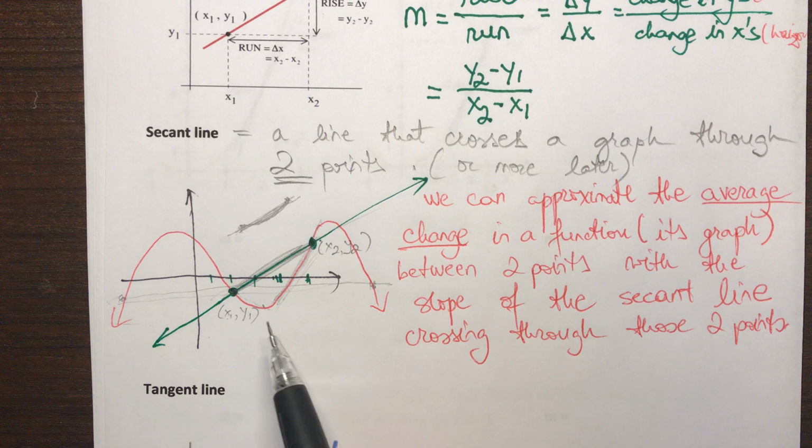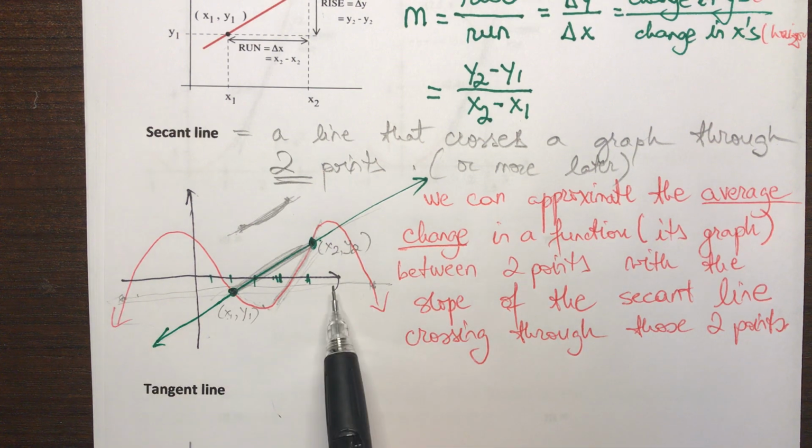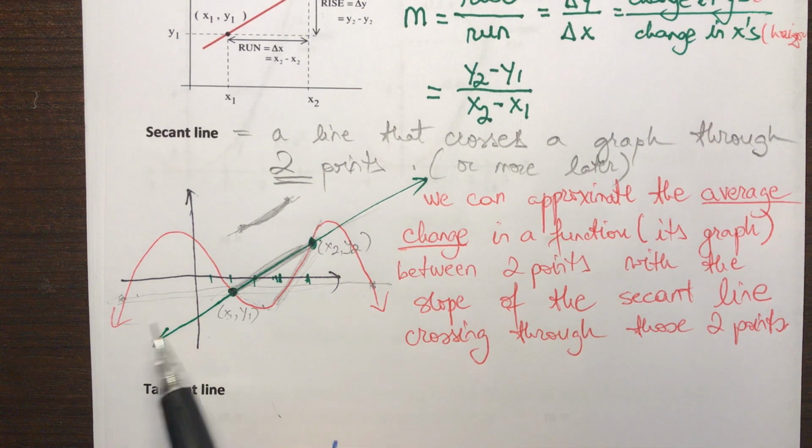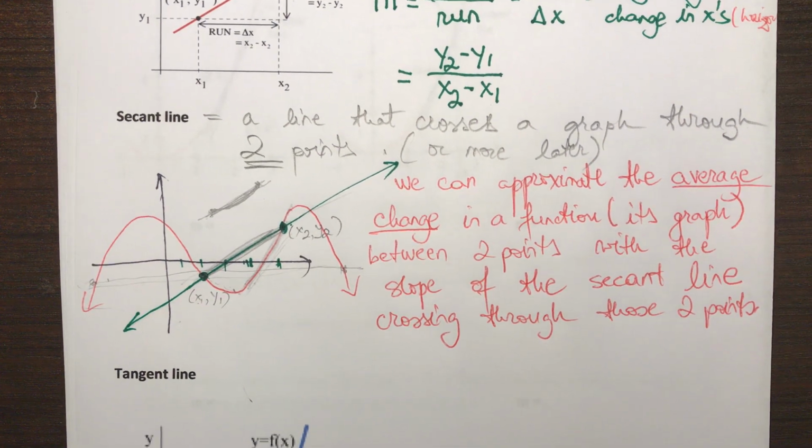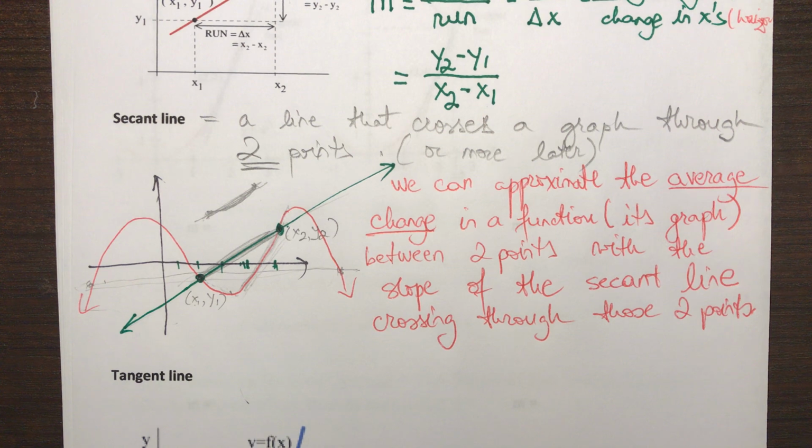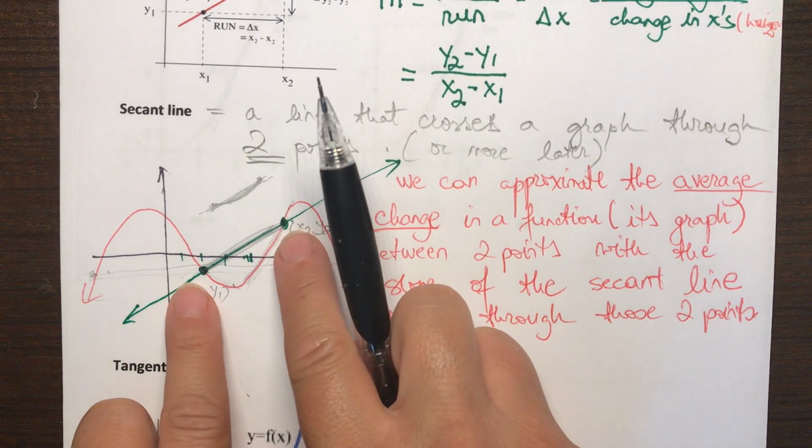Not at all. We went up and down and up and down, but from here to here, it looks like there's no change, even though there's quite a bit of changes in between. So the idea, again, is that a secant line can approximate what a function's been doing between two specific points.